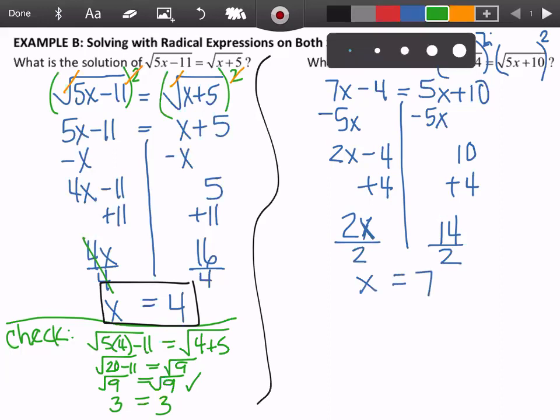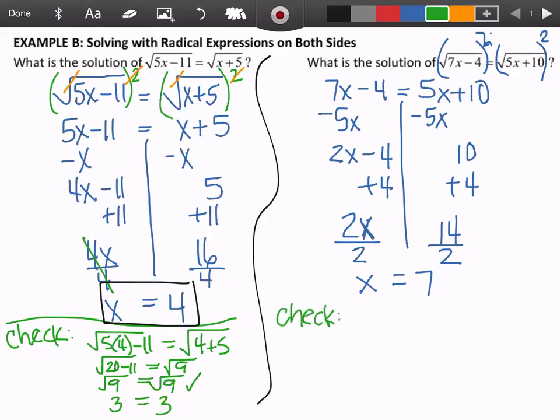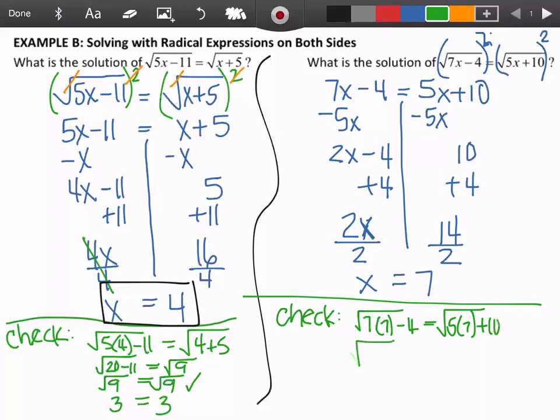We want to check our answer and make sure that it works. We do that by replacing x in the original equation. We're going to have the square root of 7 times 7 minus 4 is equal to the square root of 5 times 7 plus 10. Then we simplify what's underneath the square root sign.